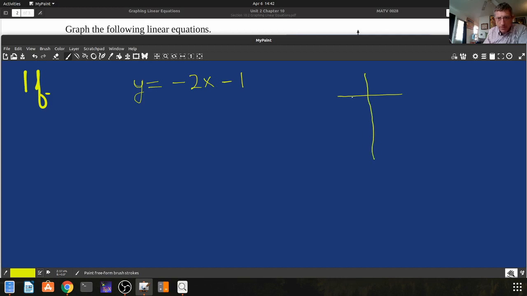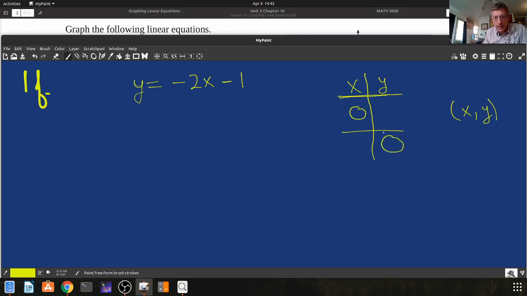And I tell all of my students, we get to choose the values. I have to find the values of at least 2 points x, y. But I get to choose my x and I get to choose my y. So when I choose an x, I have to find y. And if I choose a y, I have to find x. So let's always make x 0 once and y 0 once.